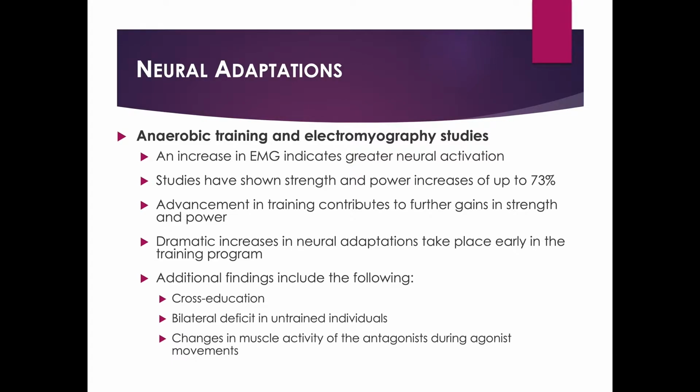Therefore, more force production. Studies have shown strength and power increases up to 73%. It says advancement in training contributes to further gains in strength and power. Dramatic increase in neural adaptations take place early in training programs. These are the initial ones that take place once starting off a new training regimen.